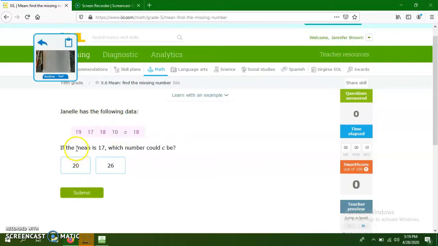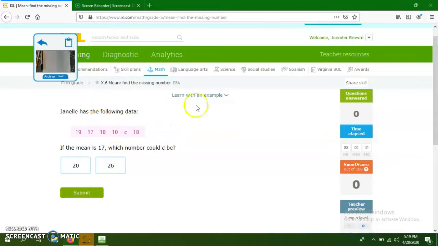So, if we want the mean to be 17, then they've given you 2 options to plug in for C. So basically, we're going to have to calculate the mean twice. Once using this number 20 and see if it gives us a mean of 17, and then we're going to have to plug in the number 26 and see if that gives us the correct mean.